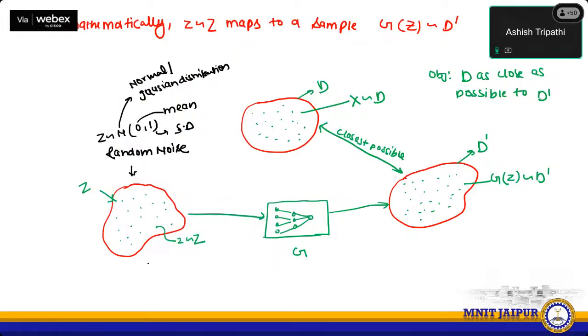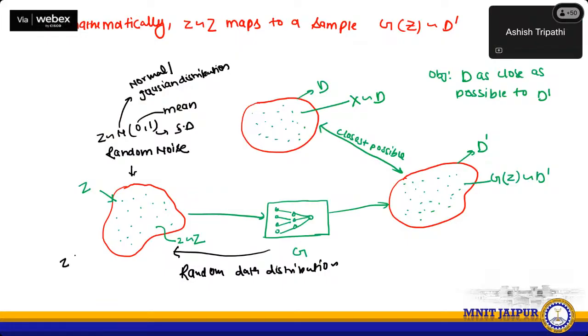So let us assume what I have told you about the role of the generator. The role of the generator is to take as input some random data distribution. You can assume that this is some kind of Gaussian data distribution. So what is this small z?